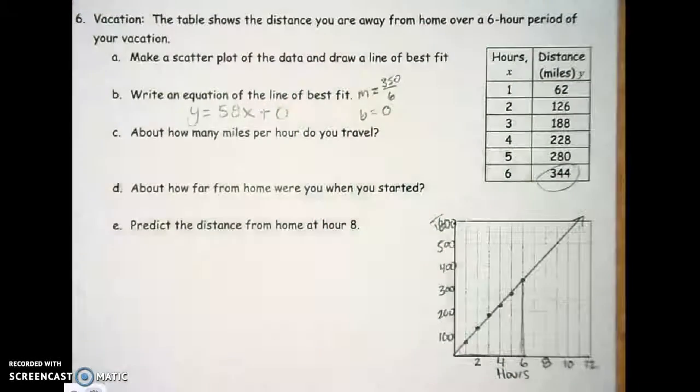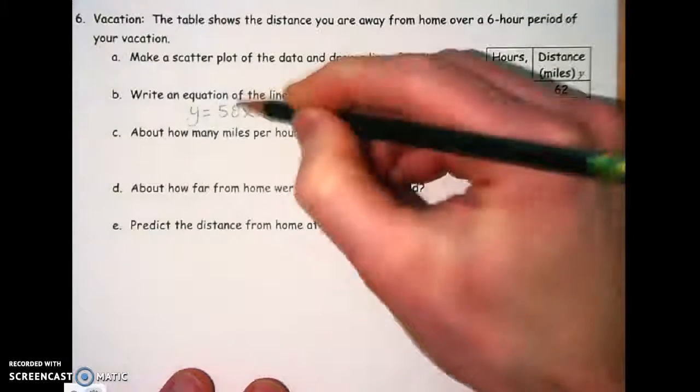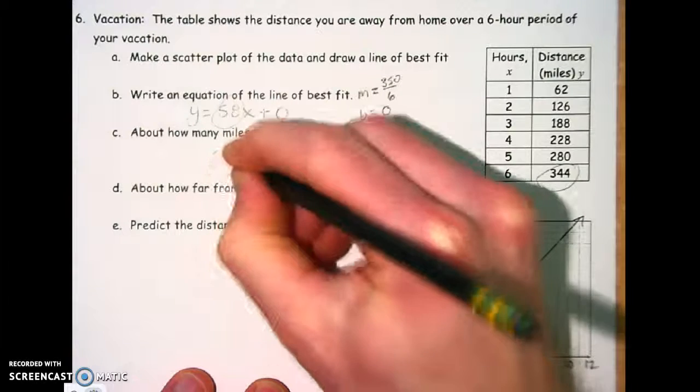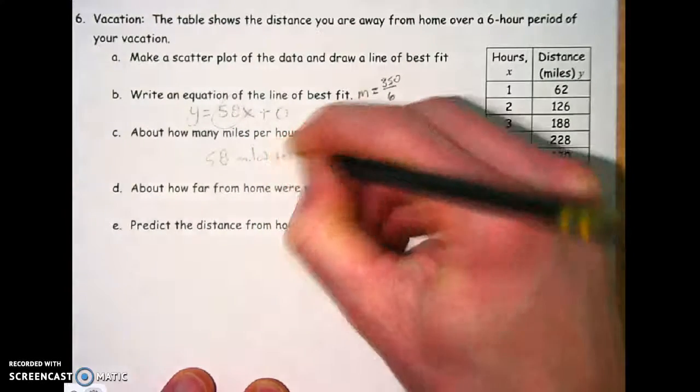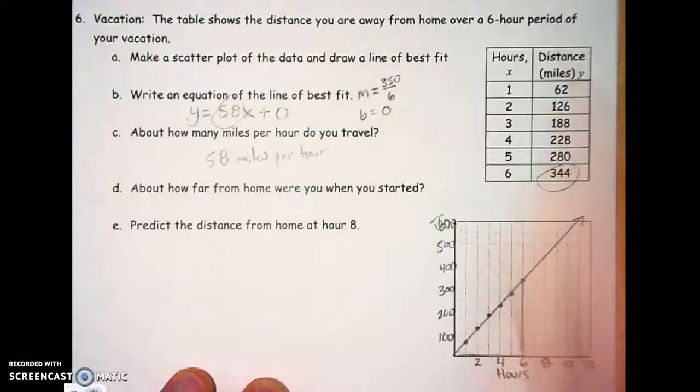All right, about how many miles per hour do you travel? Well, that's our slope right here. 58 miles per hour. About how far from home were you when you started?